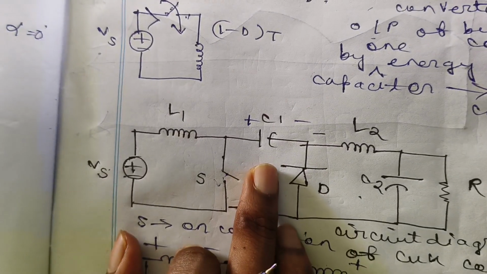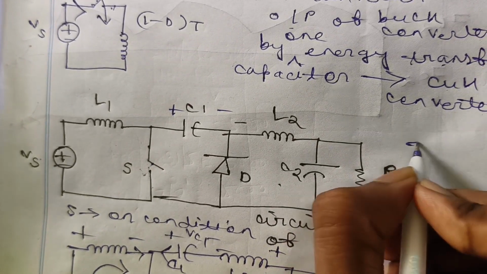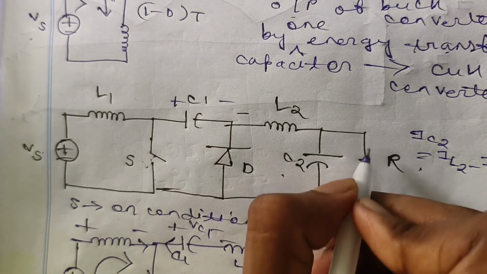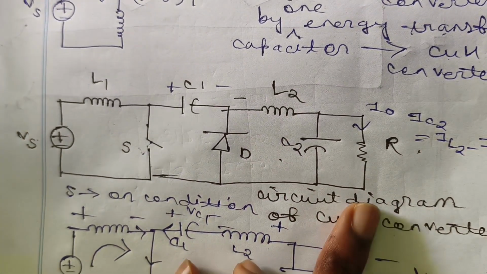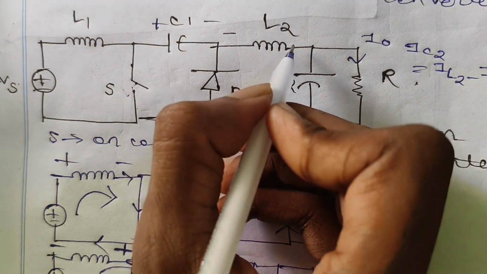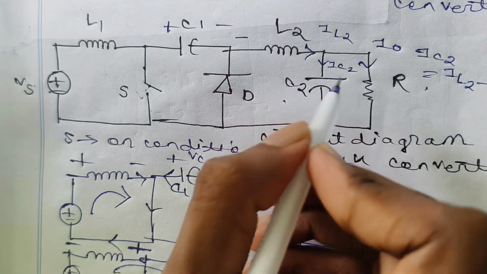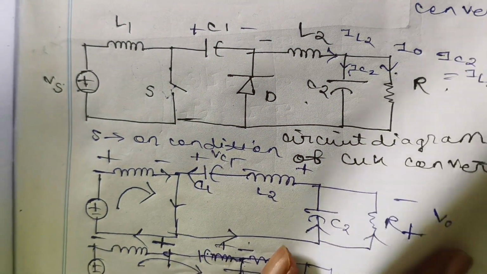If we apply KCL here, IC2 is nothing but IL2 minus I0, because I0 is taken in this direction, as per the conventional direction.